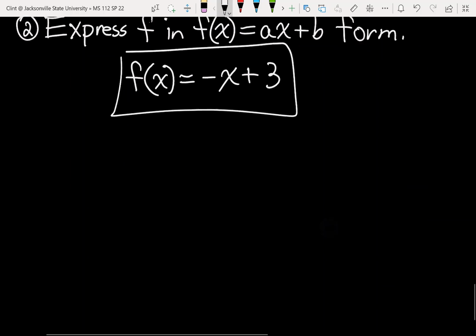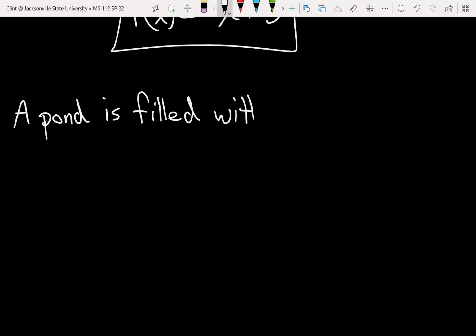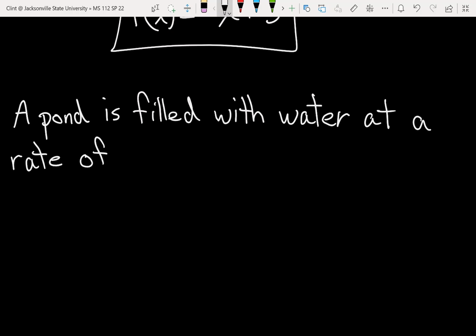All right, one word problem here. Let me help you with it. Okay, we got a pond, filling it up with water at a rate of 11 gallons per minute.